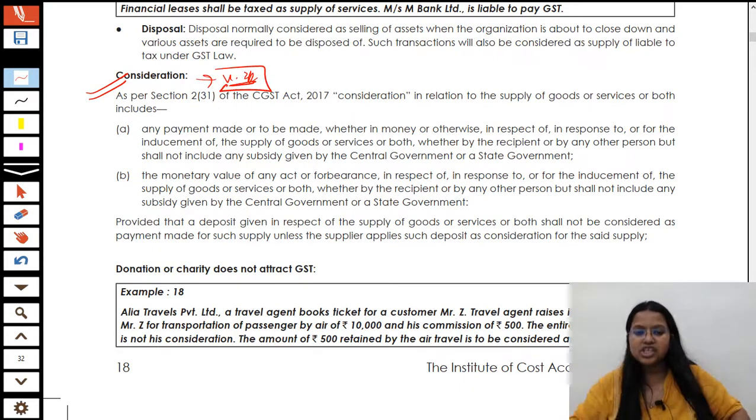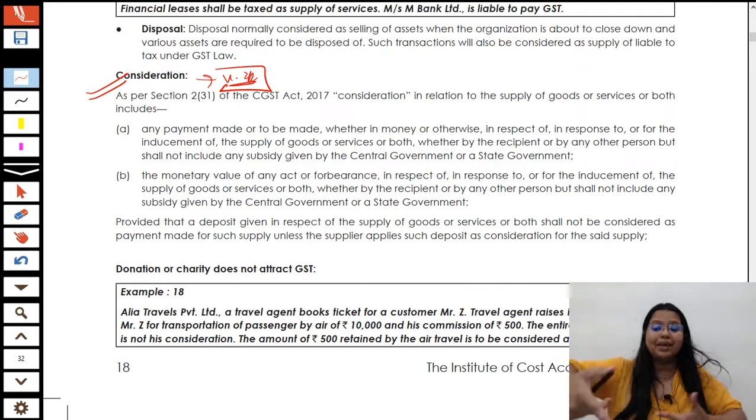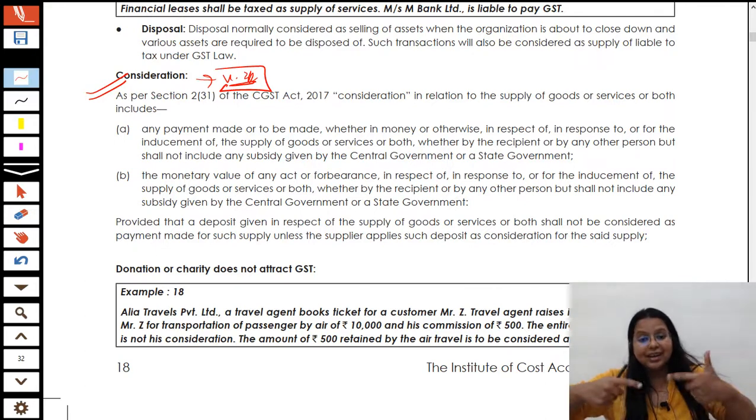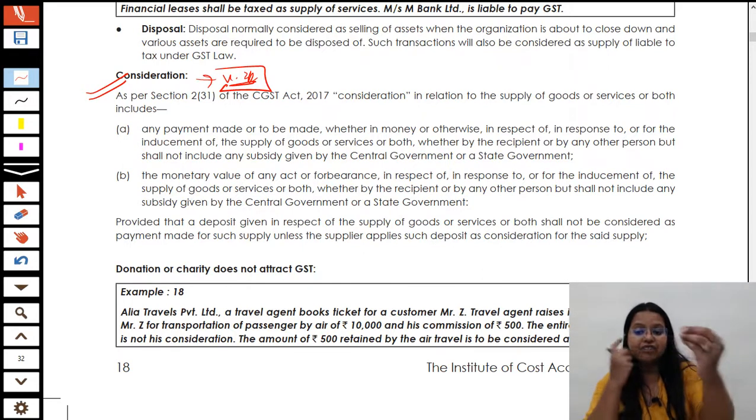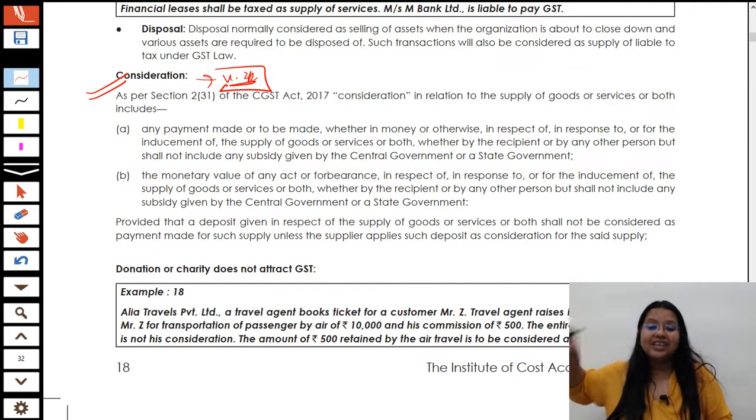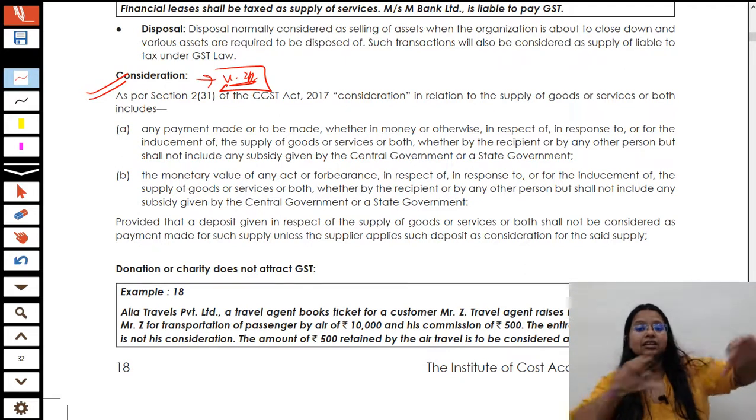Consideration in relation to supply of goods or services or both means any payment which is made or which is to be made. It means which is to be made in the future, whether in money or otherwise. It means whether it is a monetary consideration or non-monetary consideration, and it will also include consideration given by any third person.